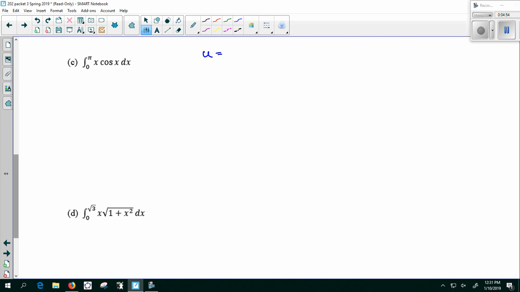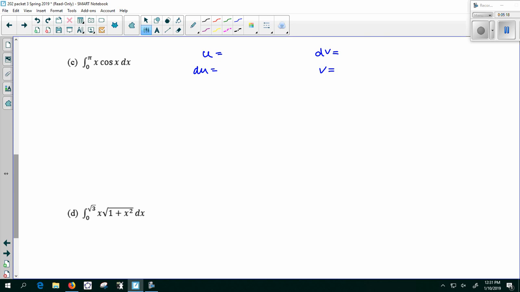So I have to choose a u and a dv and calculate du and v. All right, so u and dv, you typically choose them by choosing dv to be the most complicated piece of your integrand that you are still able to integrate. So I have to choose between x and cosine x.